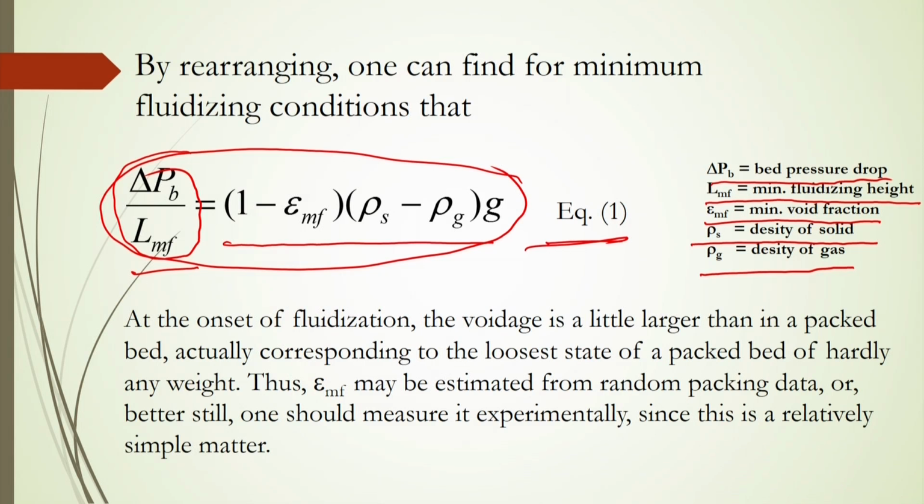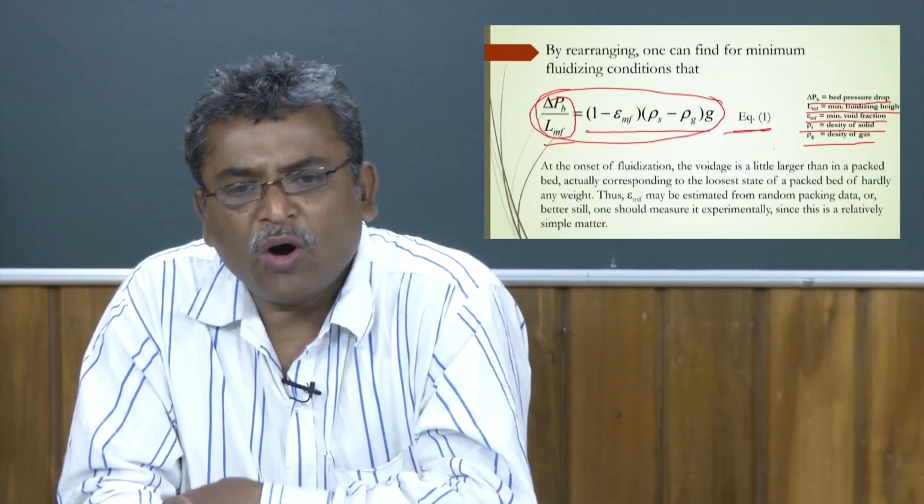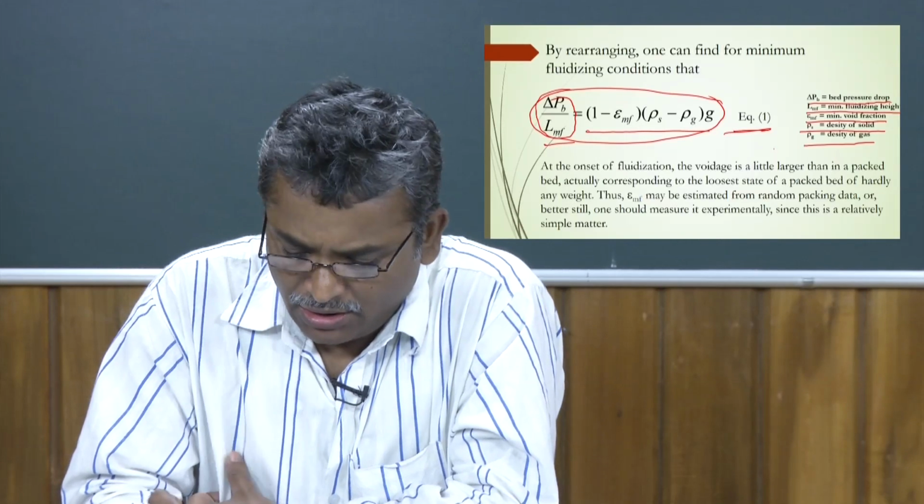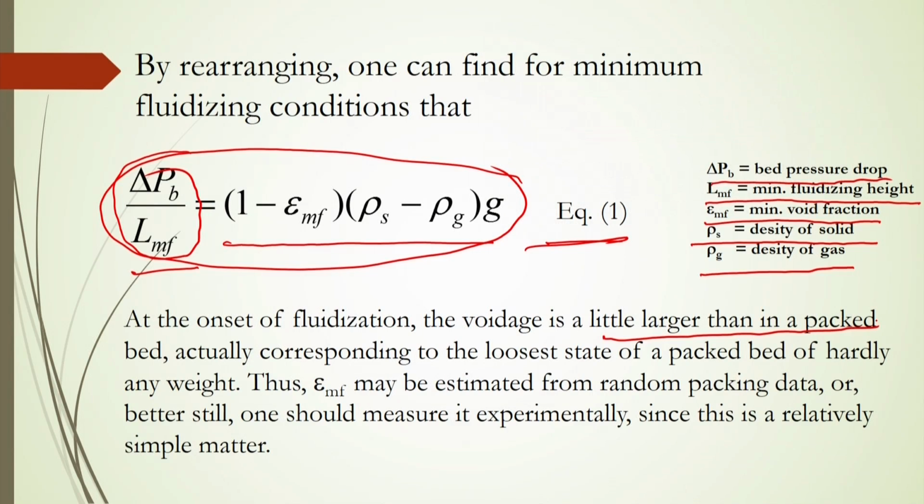Now, at the onset of fluidization, that means the minimum fluidization condition, the void fraction is a little larger than in a packed bed condition. Of course, from the packed bed condition you are just going to suspend the particles to get the minimum fluidization. So what should the minimum void fraction be to get minimum fluidization? This minimum void fraction corresponds to the void fraction in the packed bed.